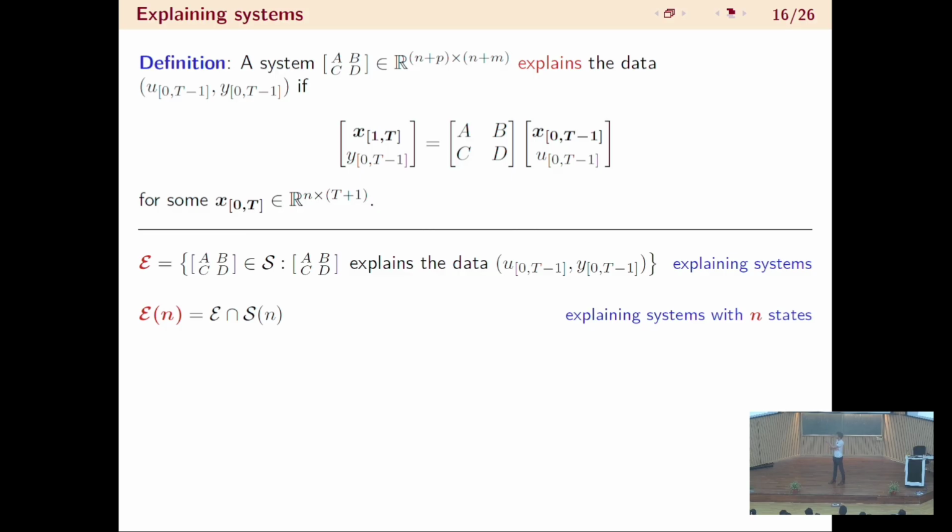So that's the intersection of the set of explaining systems and the set Sn of state space systems of exactly n states. Similarly, you can also look at systems that are explaining the data of precisely n states and lag L. And we denote that by this set E, Ln. Again, those are explaining systems with exactly n states and lag L.